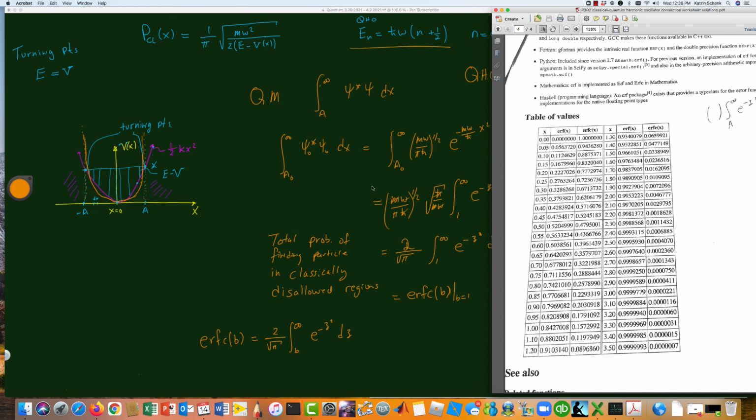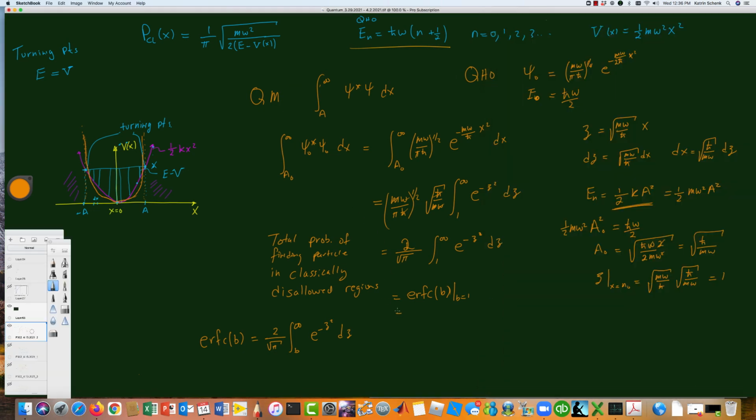So our probability is 0.157. I'm not going to get any more decimal places than that. So there's a 15%, or roughly 16 percent, chance of finding the particle outside of the classically allowed regions.